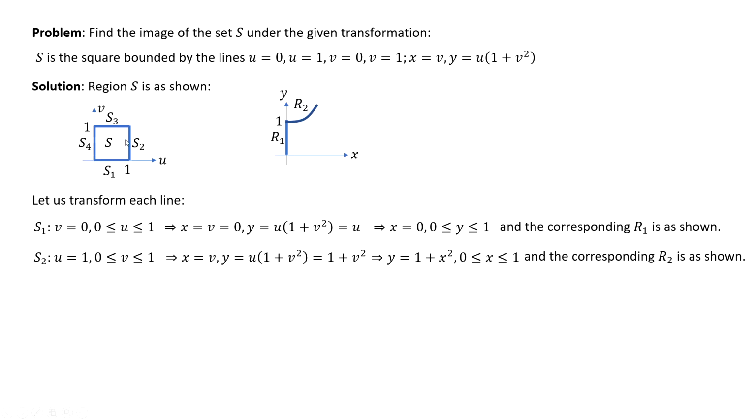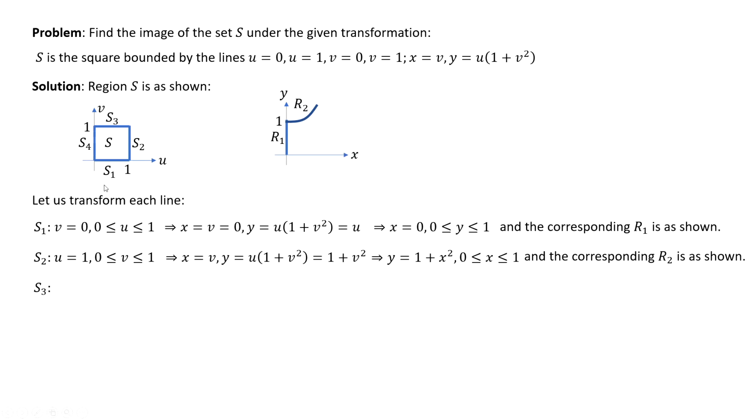This S2, line segment S2, actually became a parabola under this transformation. Cool. You must understand all of these things because next we are going to apply all of this to actually solving integrals.